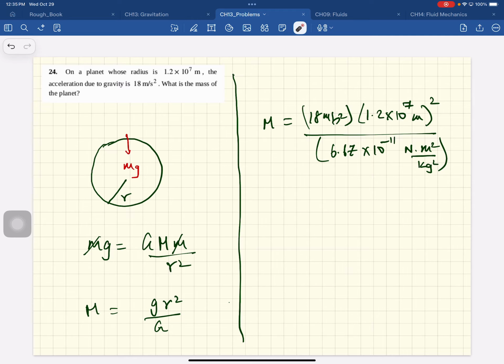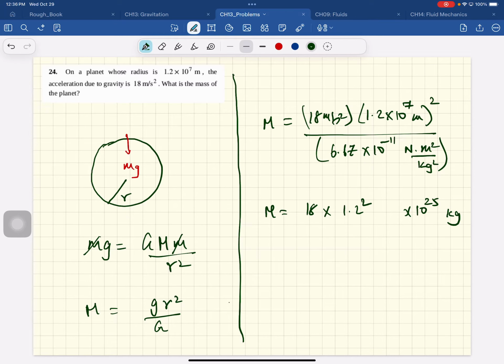So now we have to simplify this, and what I like to do is take care of the powers of 10. So this is 10 to the 14 plus 11, that's 10 to the 25. This is a mass, so it'll work out in kilograms. And 18 times 1.2 squared divided by 6.67.